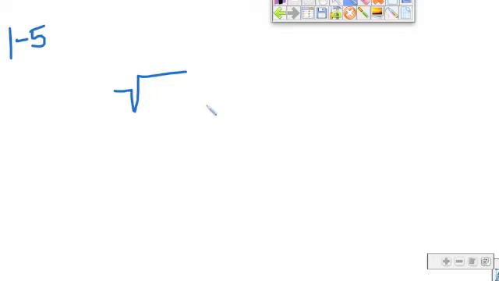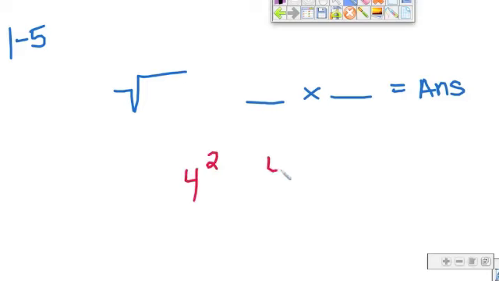And square roots mean what number times itself gives you that answer. Now, if you remember in the previous lesson, we were squaring numbers. Something like maybe 4 squared. Well, that meant 4 times 4.